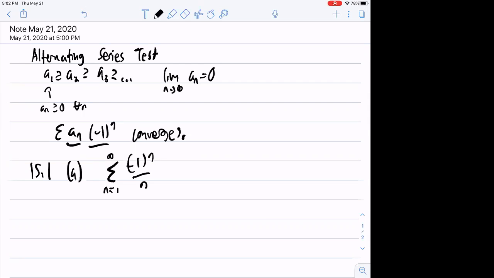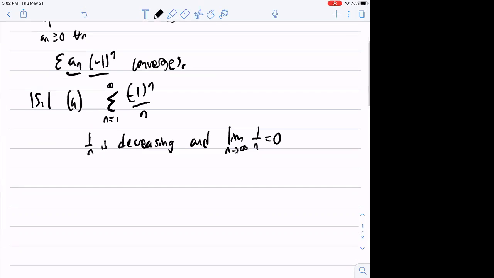So you just check that 1 over n is decreasing, and the limit as n goes to infinity of 1 over n is 0. It's pretty clear it's decreasing, because 1 over n plus 1 is less than 1 over n. For other cases, just check that the derivative is negative, or if it's pretty obvious, you can also just state it.